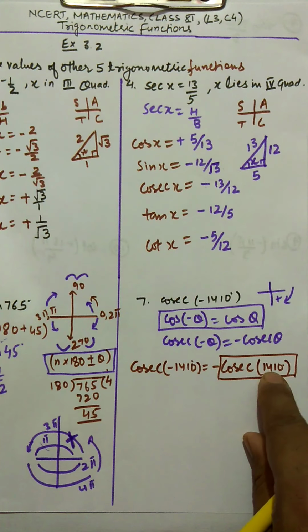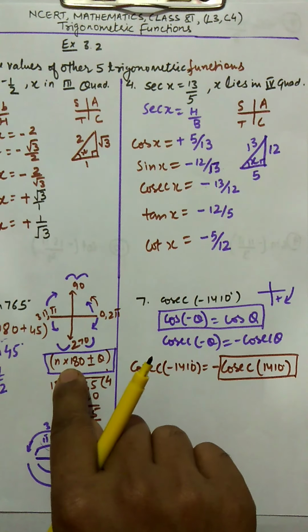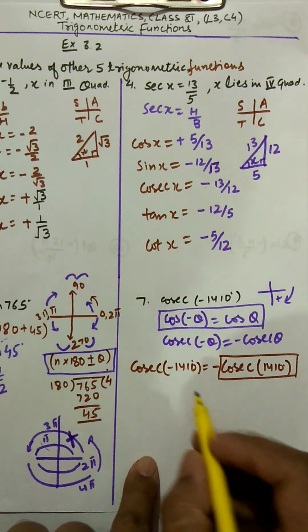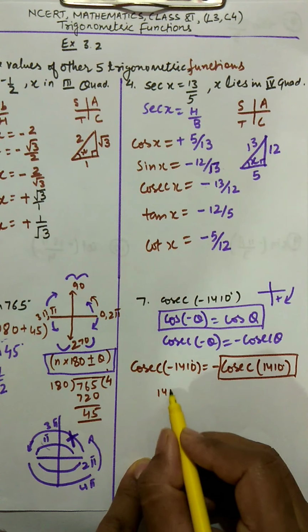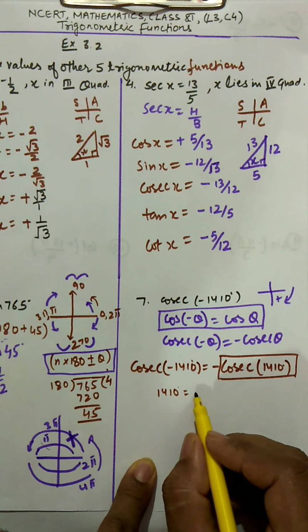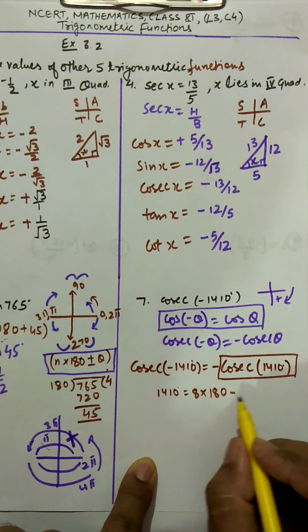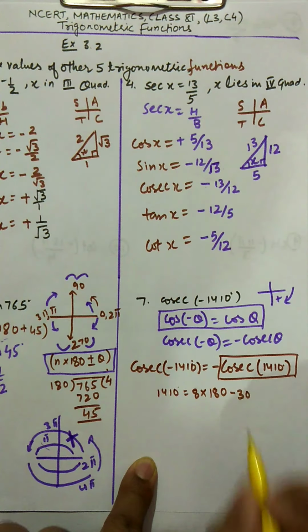So you have to see how you can convert that 1410 into the form of 180 plus or minus theta. 720's double is 1440, so 1410 degree can be written as 8 into 180 minus 30.